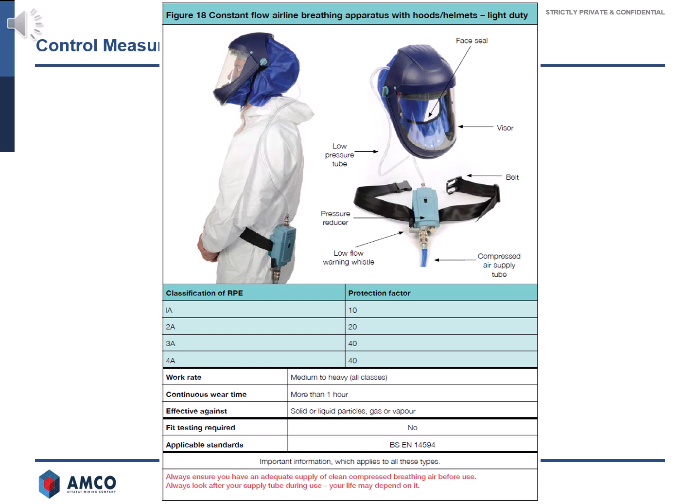Continuous wear time, time limited. Effectiveness, effective against solid or liquid particles, gas, or vapor. Standards, complies with BSEN 14594. Important note, ensure you have an adequate supply of clean compressed breathing air before use. Always look after your supply tube, as blocked tubes may lead to suffocation.